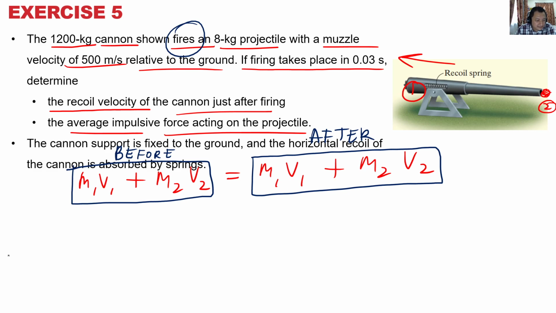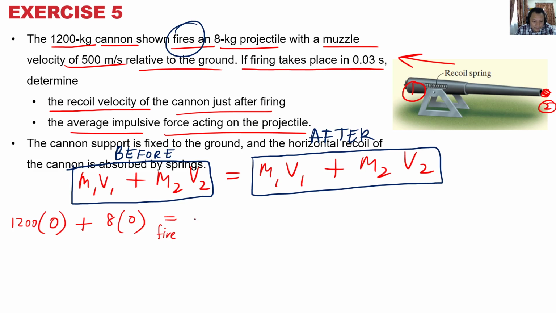Okay, M1V1. M1 is 1200. Velocity before. Cannon doesn't move, right? 0 velocity. What else? Projectile 8 kilogram, 0 velocity because nothing happens. And then you fire.